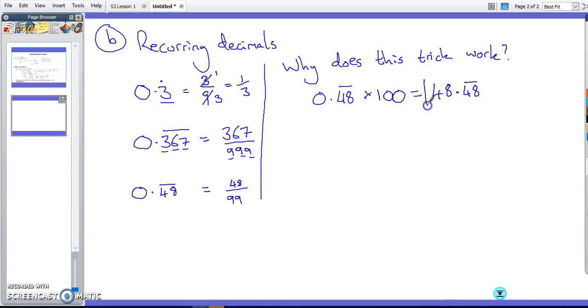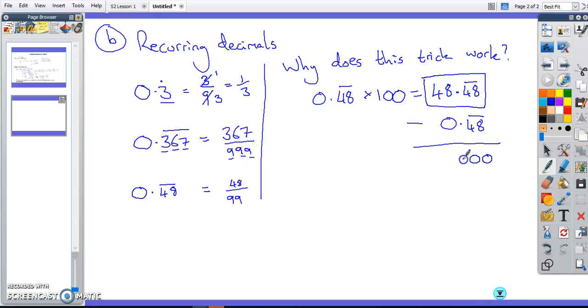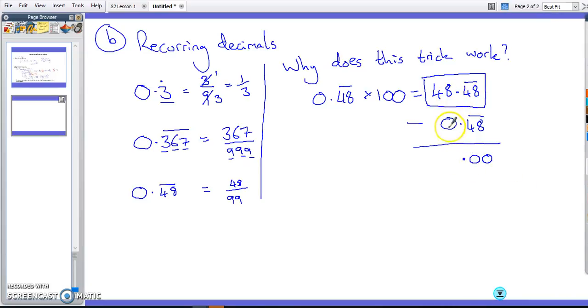Then, taking this answer, if I take 0.48 recurring away from that, what do I get? Well, after the decimal point, every 8 and every 4 will line up. So after the decimal point, I will get lots and lots of zeros. Over on this side, I have 8 take 0, which is 8. 4 take this 0 here, which is 4.